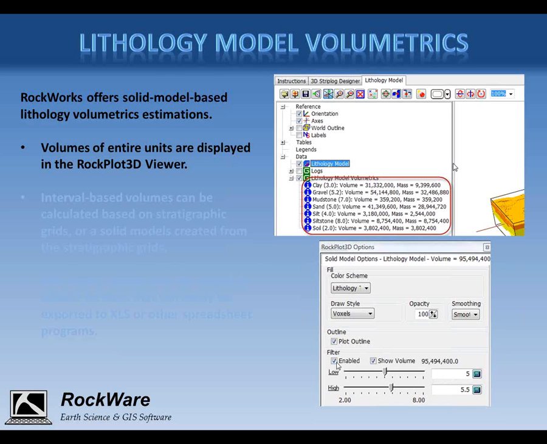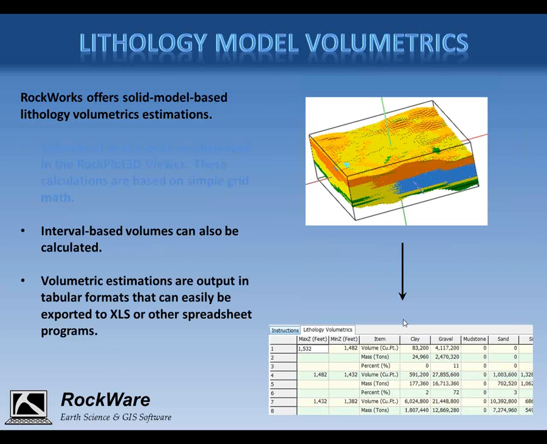I've turned on the filter to enable it, and then I set a low filter of 5 and a high of 5.5. So I'm only showing those two units, gravel in orange and sand in yellow, on my model, and it also sums my volumes. So I have 95 million cubic meters here. You can see that just comes from adding up 54 million here, 41 million here.